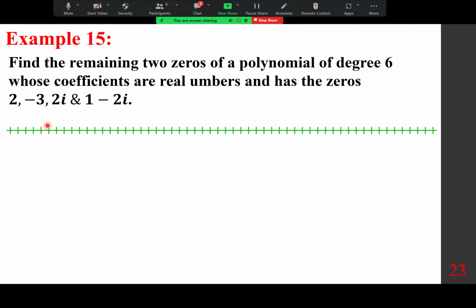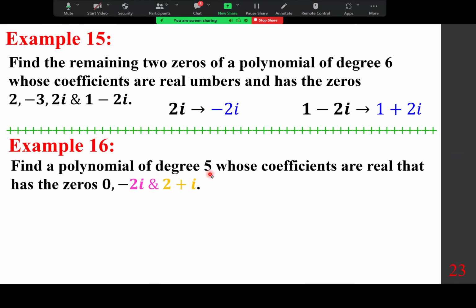This is given. 2i means we need minus 2i. 1 minus 2i means we also need 1 plus 2i. So now we have all 6 of them: 1, 2, 3, 4, 5, 6. This is just by the complex conjugate zero theorem.